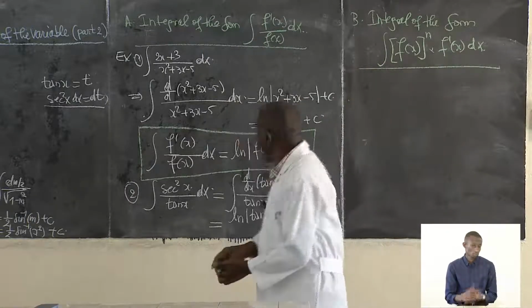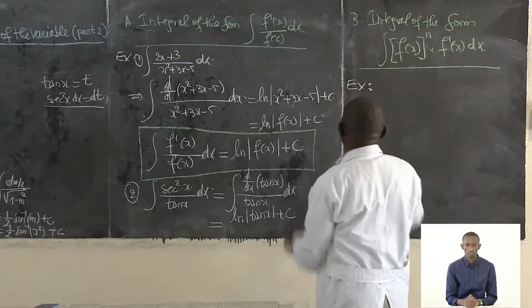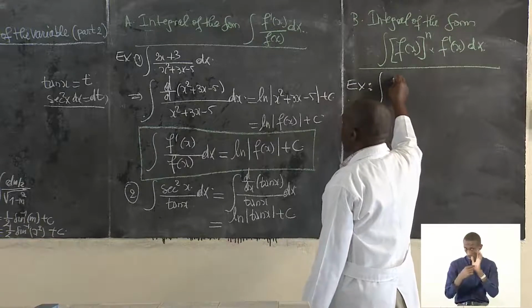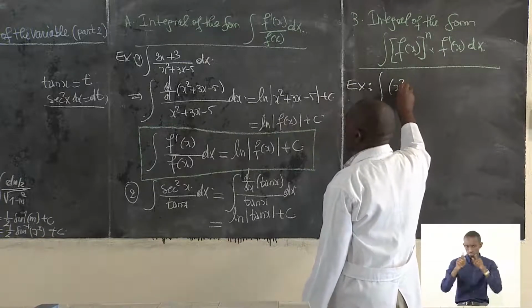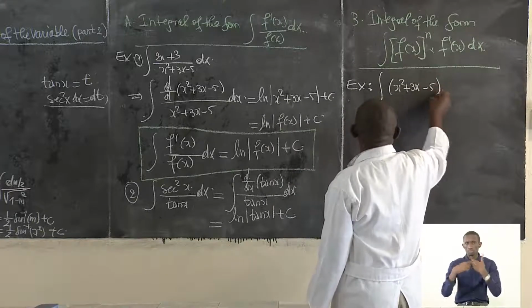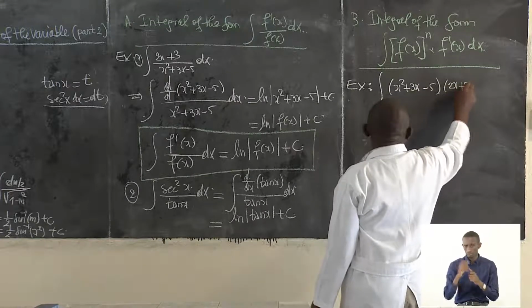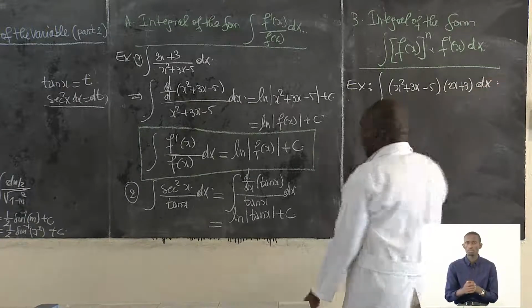For example, I can take that one: the integral of (x squared plus 3x minus 5) times (2x plus 3) dx.